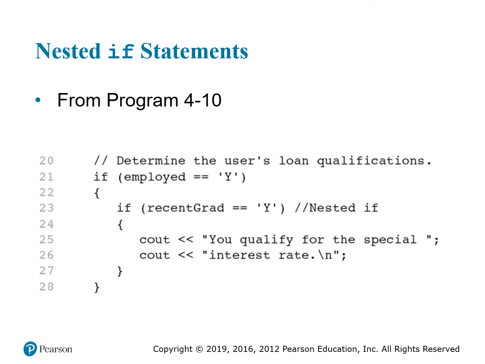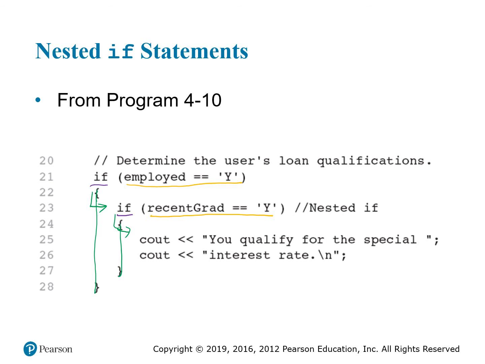So the way we write that in C++ is we put an if statement here, check the employed variable. If that's true, we enter this code block here, and inside that code block we put another if, and we check the recent grad condition. Okay, and if that's true, we execute what's inside this set of curly brackets.